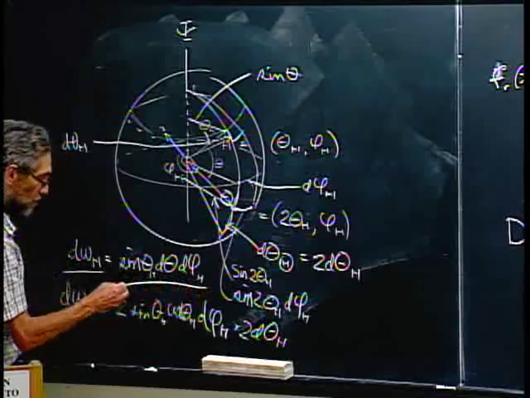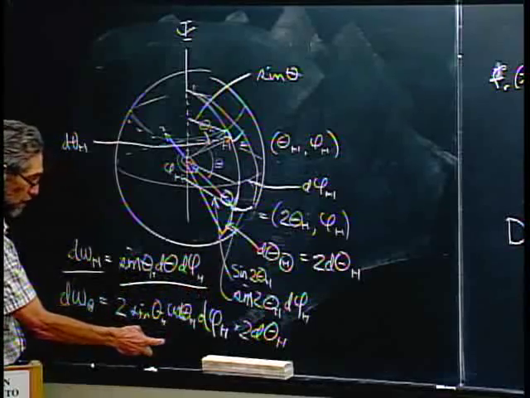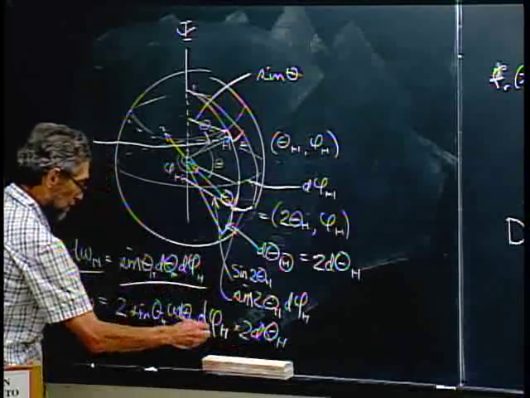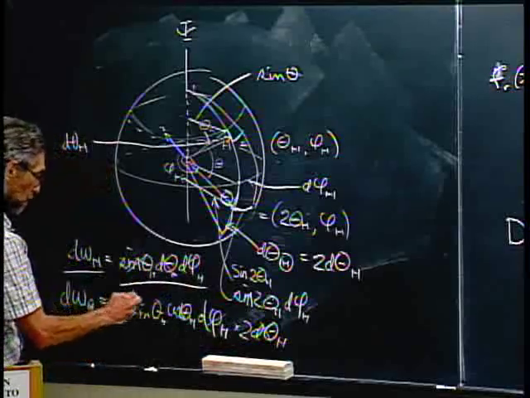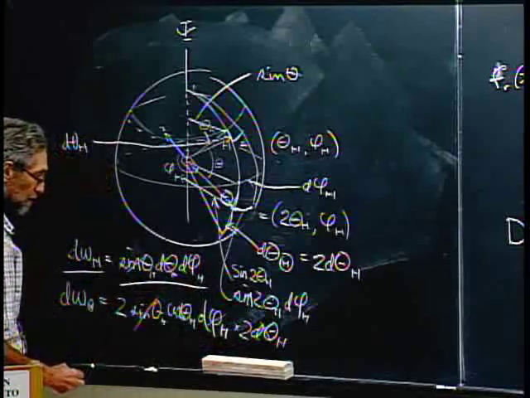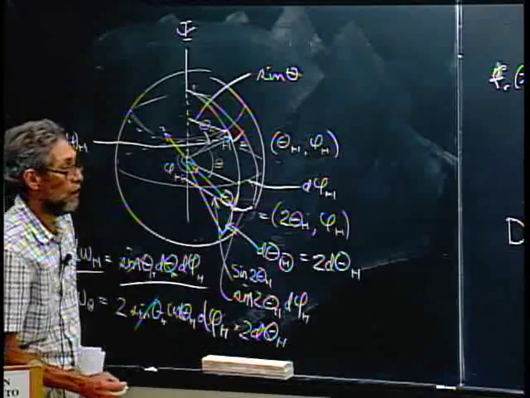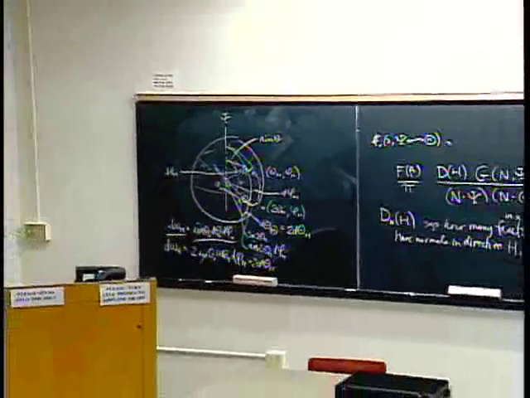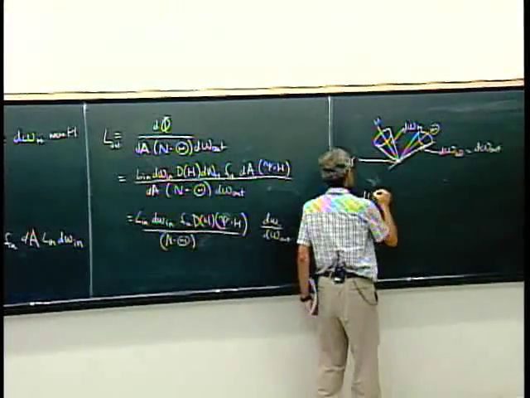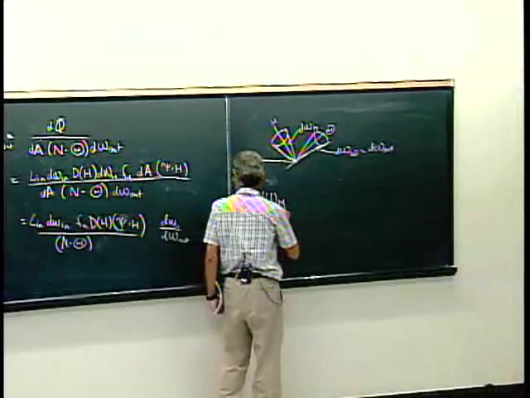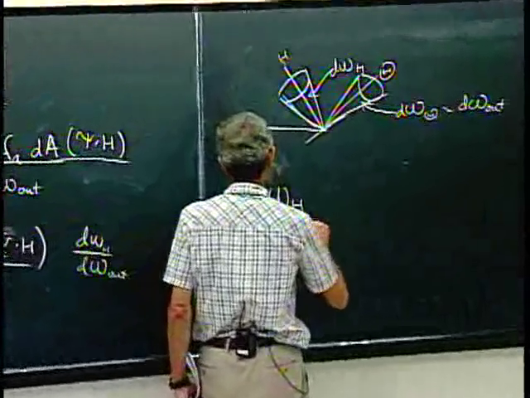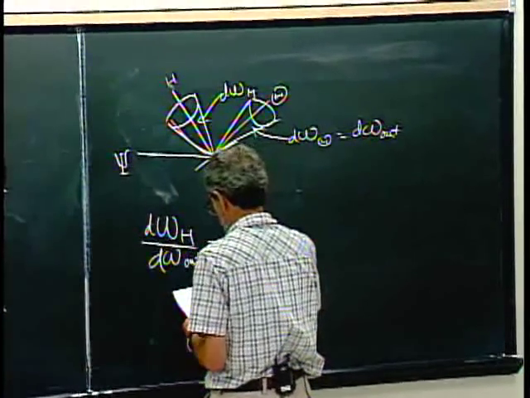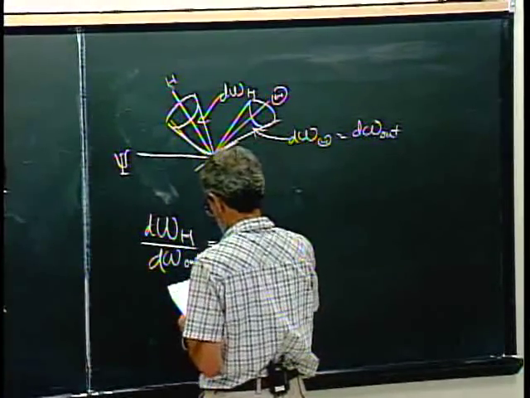The d thetas cancel, the d phis cancel, one of these sines cancel, and I'm going to end up with this d omega h over d omega out. I should have just called it out instead of capital theta there, and I wouldn't have had two thetas in the same formula with different meanings.